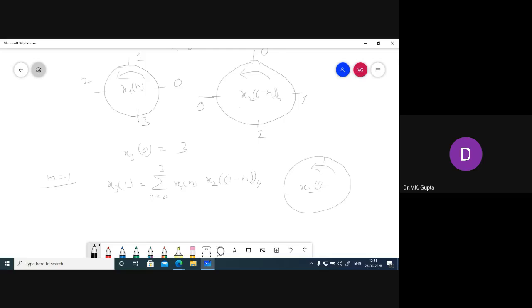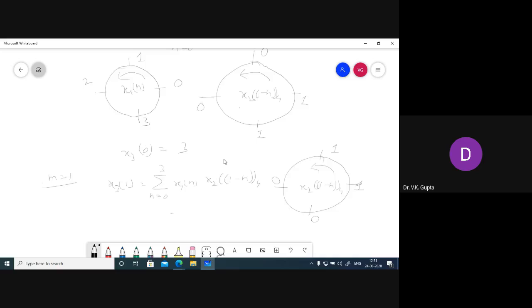For one shift, this comes to here, shifted by 1 unit means 1 comes to here, 1 comes to here, this 0 comes to here, this 0 comes to here, and 0 comes to here again.